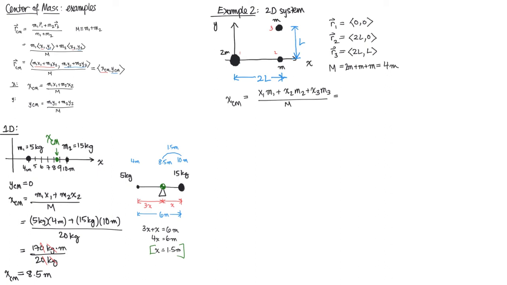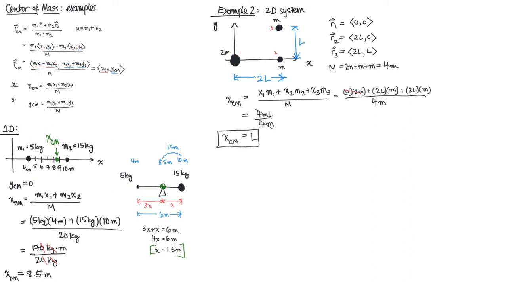So x1, x2, and x3 are all read off from our vector representation. So it's 0 times 2m plus 2L times 1m plus 2L times 1m, all over a total of 4m. So when we add that up on the top, we're going to get 2mL plus 2mL is 4mL divided by 4m, which is simply L.